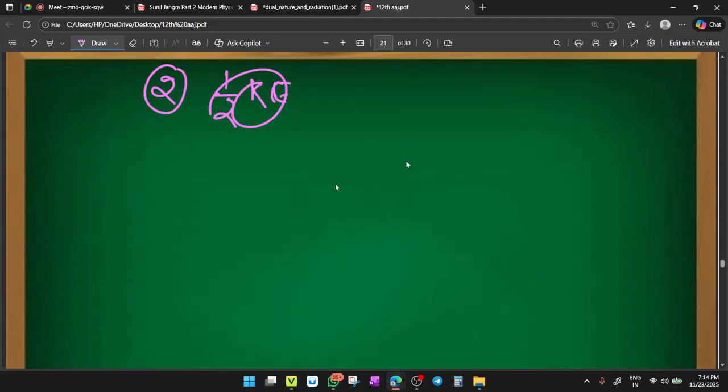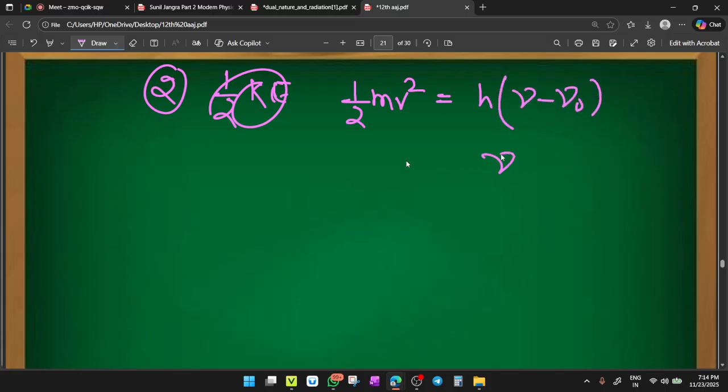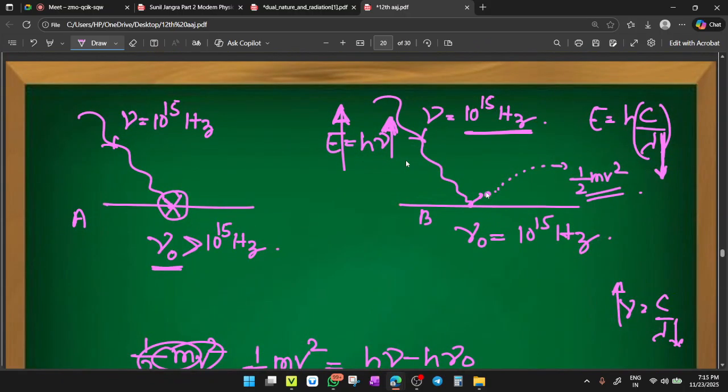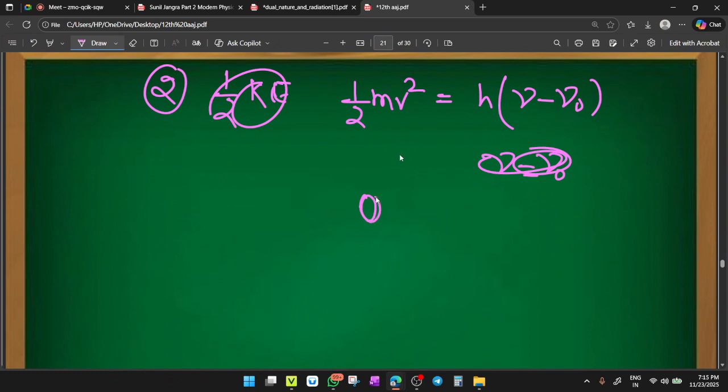For the second case, half mv square equals h times (nu minus nu naught). In the second case, we see that nu equals nu naught. Otherwise, you can say the electron was fetched out, but it is just outside the surface without any motion, meaning kinetic energy equals 0, which equals h times (nu minus nu naught).